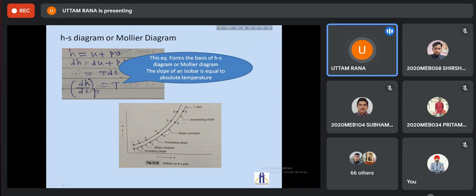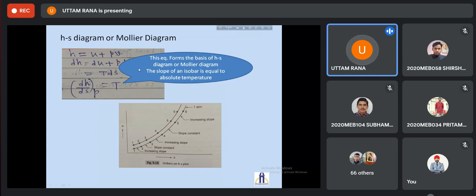Then again the slope will remain constant, because for 100 degree centigrade liquid to 100 degree centigrade vapor, during process 4 to 5, the temperature will remain constant. So if you show the phase transformation from liquid to vapor on the HS plane, it will be a constant temperature line.